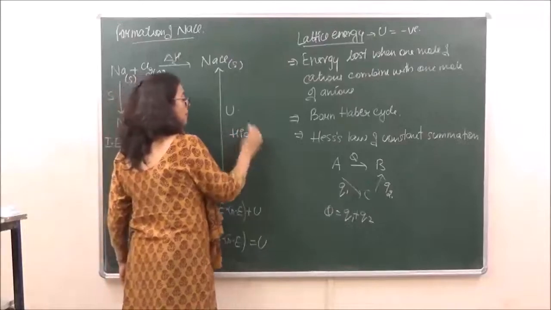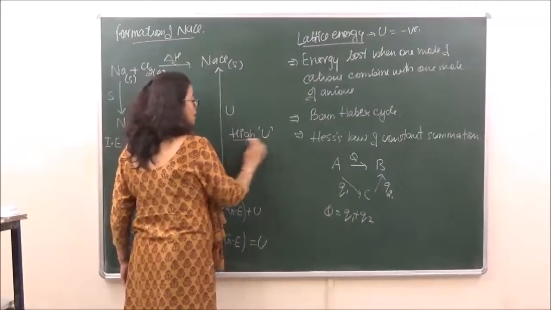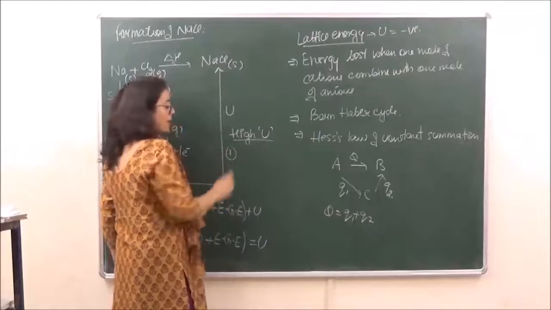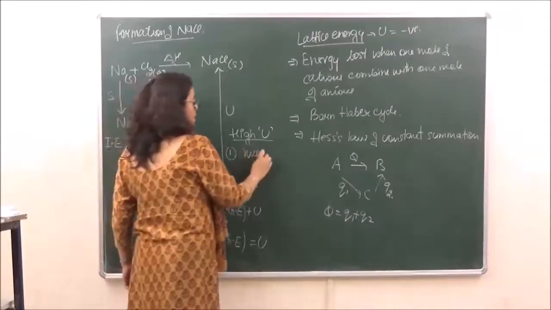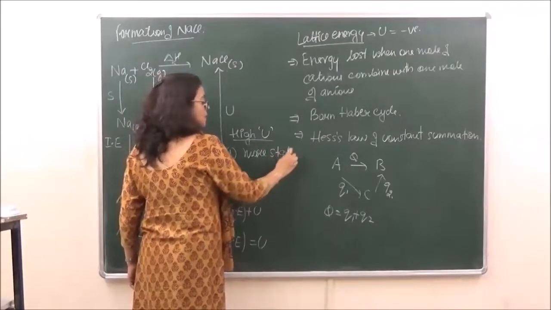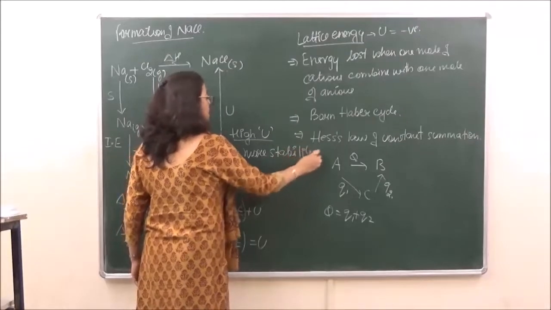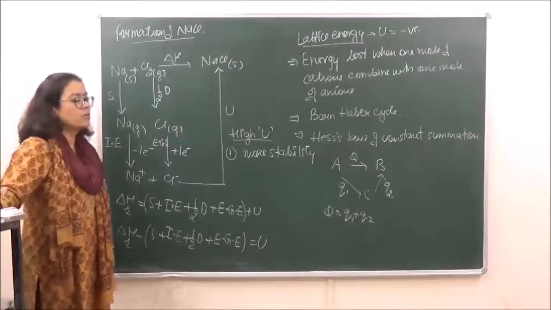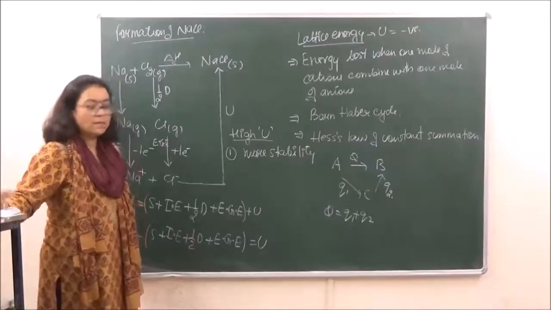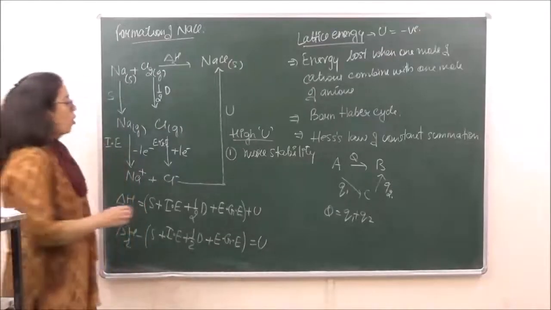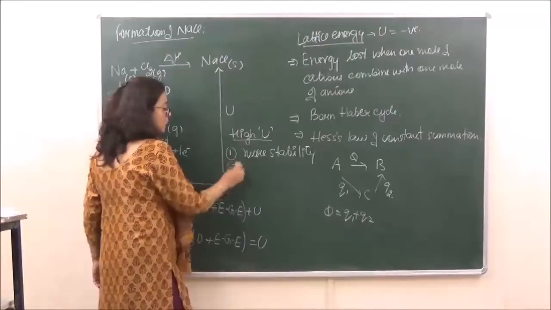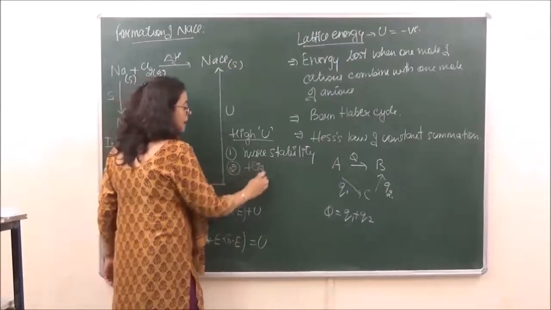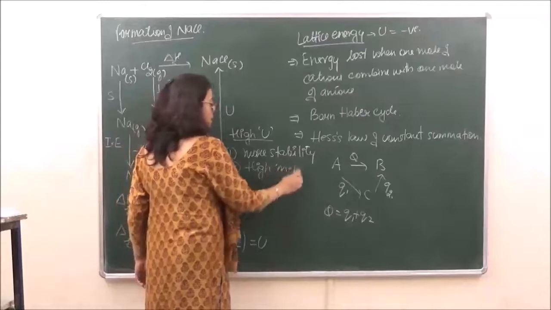All those which have high lattice energies, number one, are going to be more stable. Why more stable? Because the system that is losing energy becomes more stable. Then number two, all those having high lattice energies have high melting points, right?